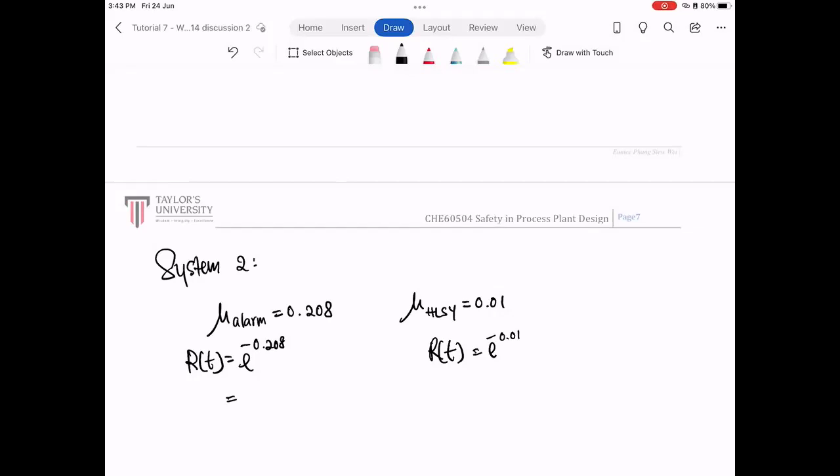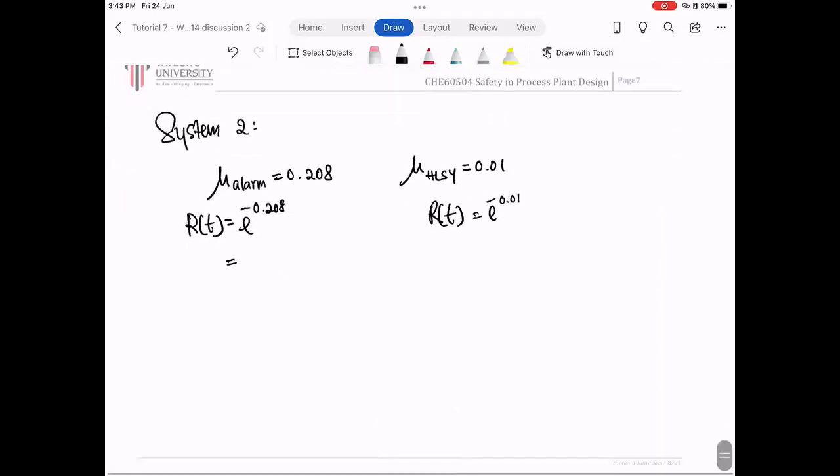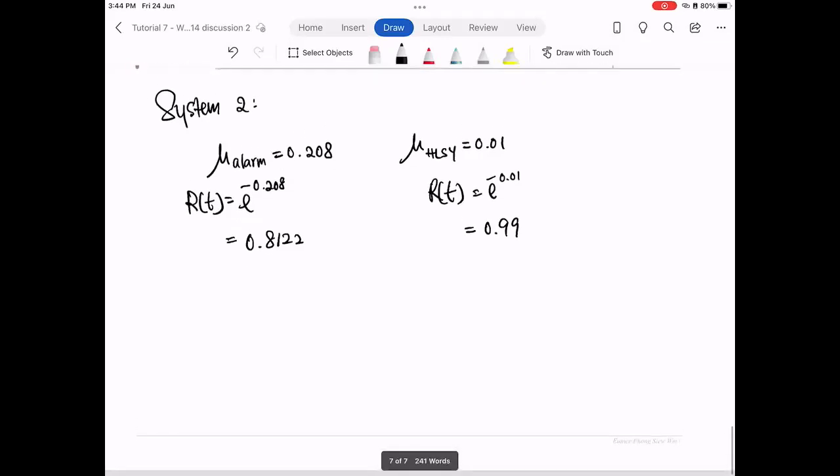So this is 0.8122. And again, this is 99%, because we know that your reliability is 99%.